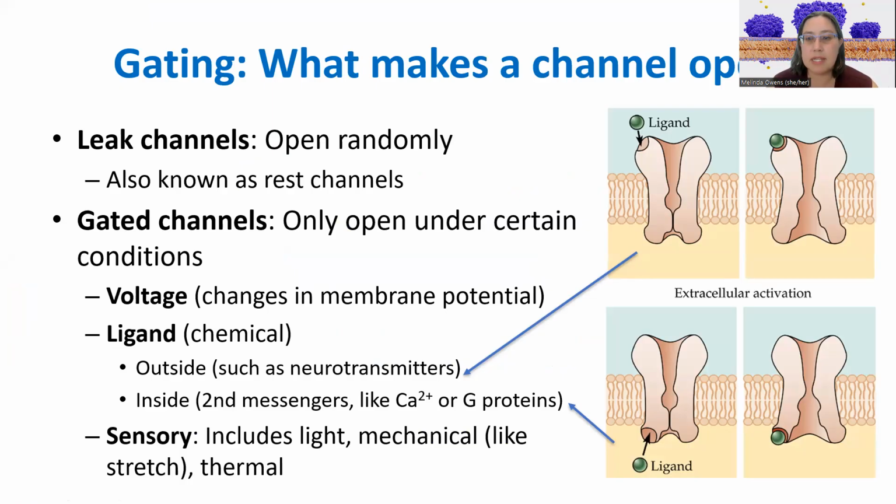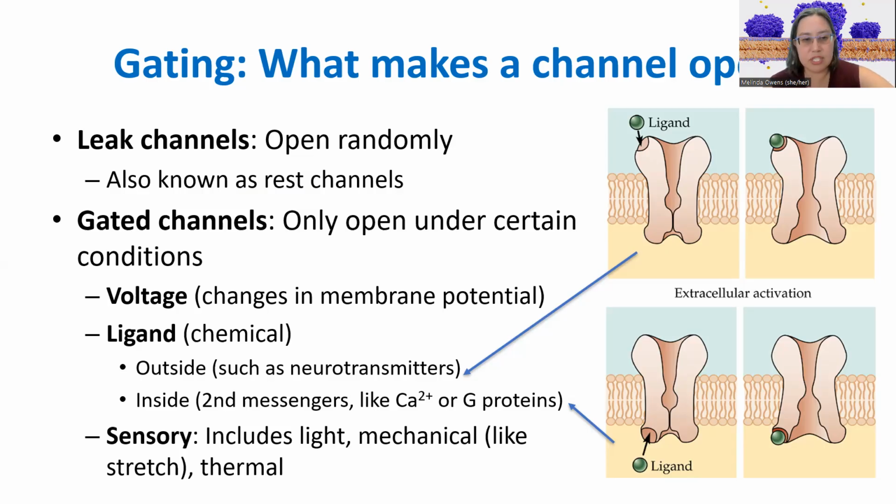You can't do anything to make them more or less likely to open. They just open. On the other hand, I would say most channels are not like that. They are gated channels. That means they open under certain conditions. It's like a gate in a fence, right? It opens sometimes, when you open it, and it's closed most of the time.